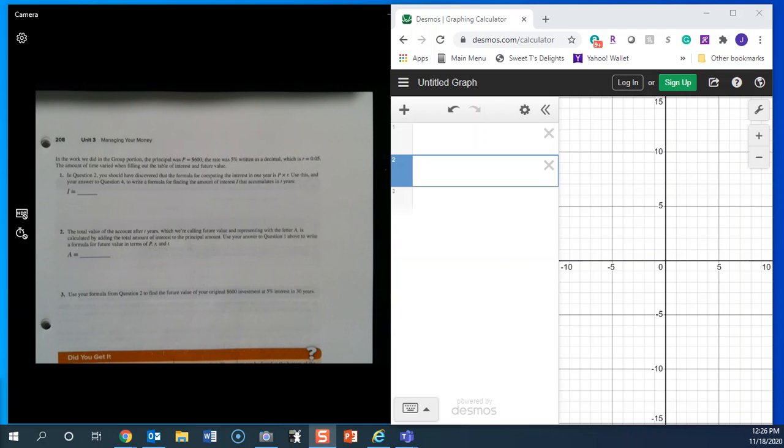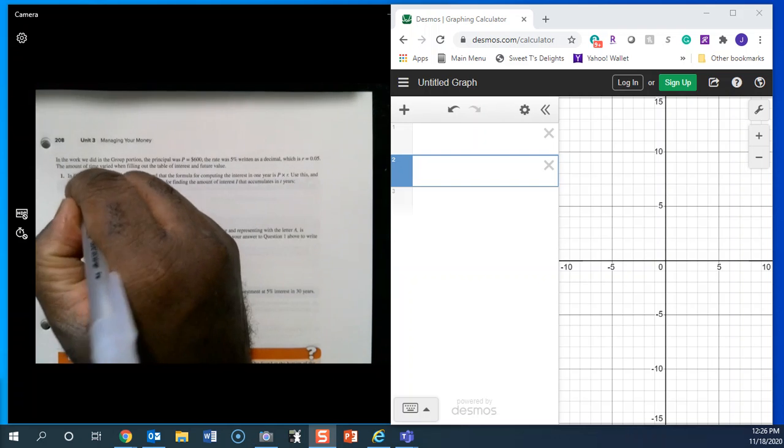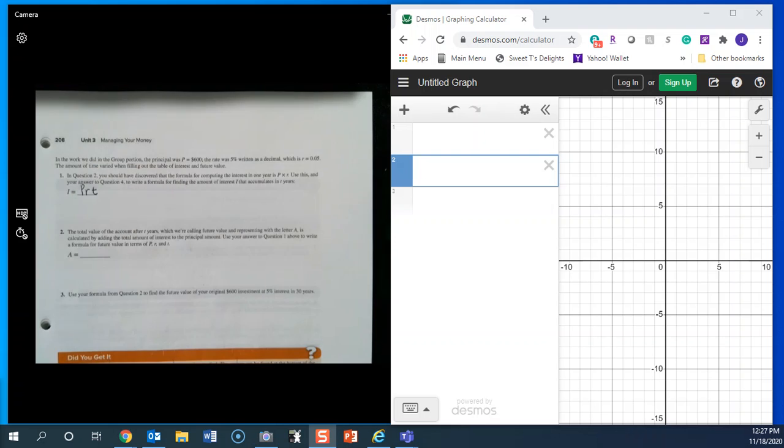In question 2, you should have discovered that the formula for computing the interest in 1 year is P times R. Use this and your answer to question 4 to write a formula for finding the amount of interest I that accumulates in T years. So I is equal to the principal times the rate times the time. So I is equal to P times R times T.